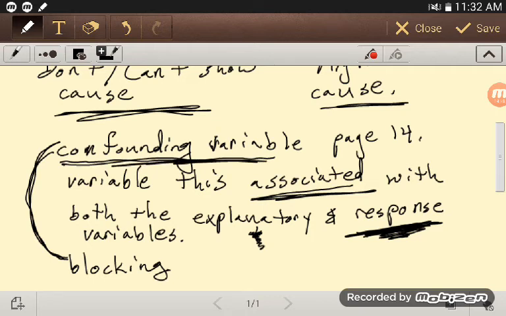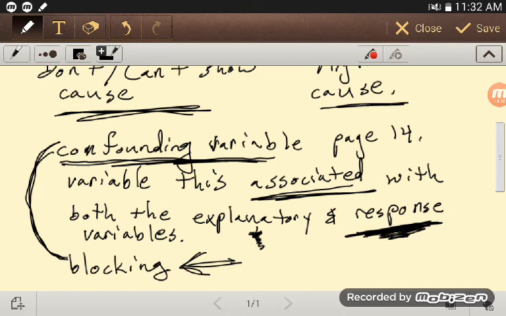Oh, okay, and so then we use blocking for that confounding variable. Okay, so often one way to handle confounding variables is to introduce blocking, or to split people into different groups where we think the confounding variable might matter.